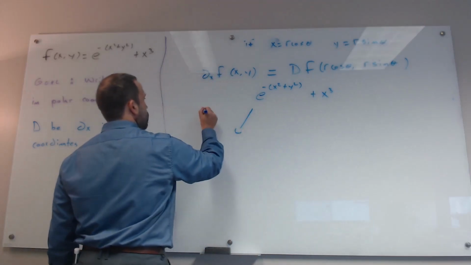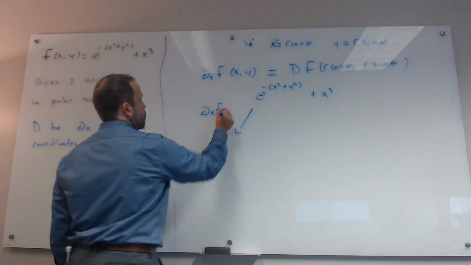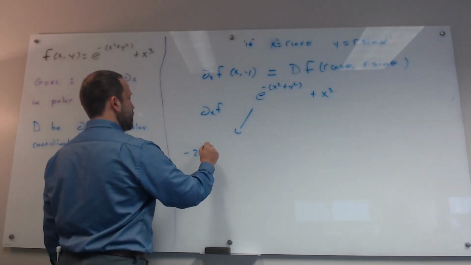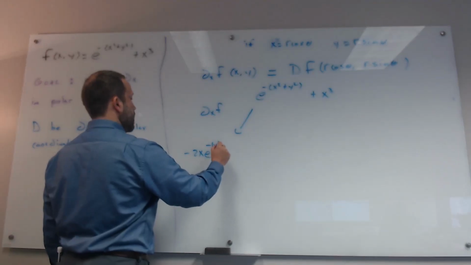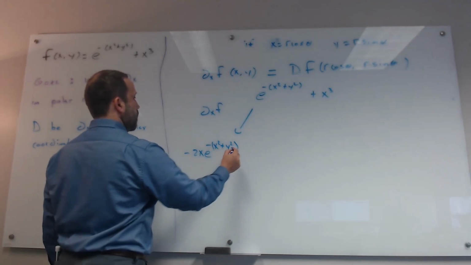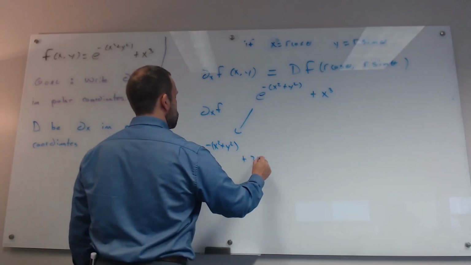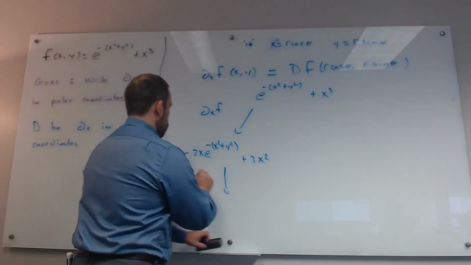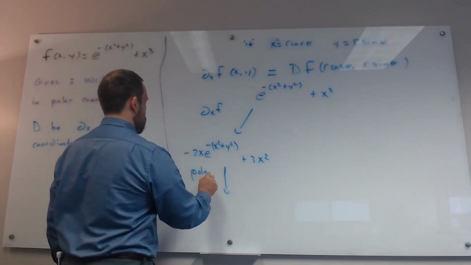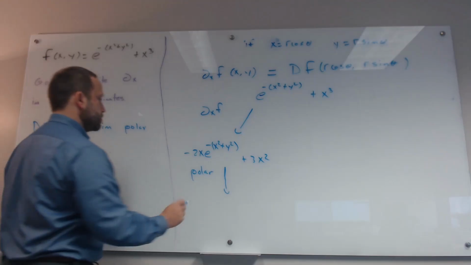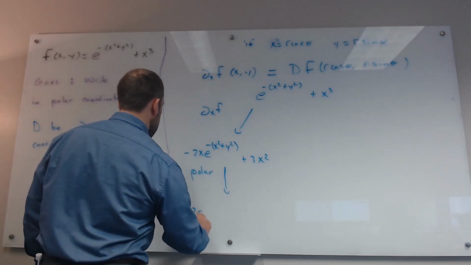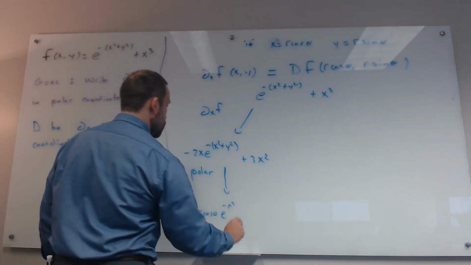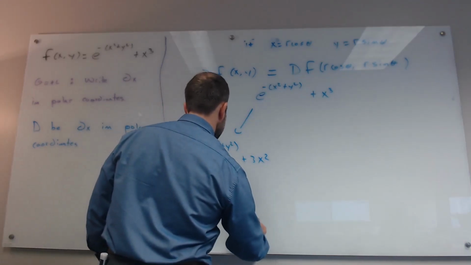If we take the partial derivative of this with respect to x, we're going to get minus 2x e to the minus (x squared plus y squared) plus 3x squared. And then if we convert this to polar, we're going to get minus 2r cosine theta e to the minus r squared plus 3r squared cosine squared theta.